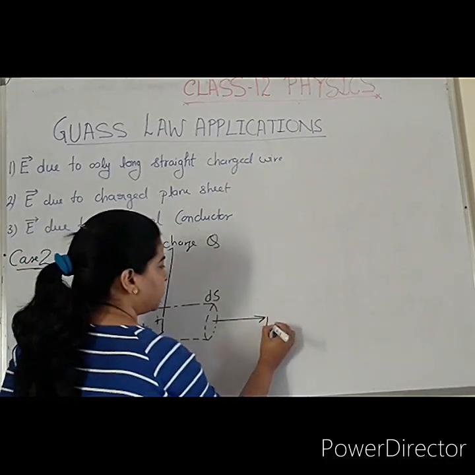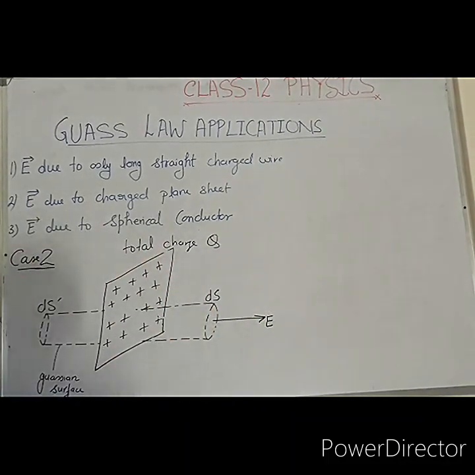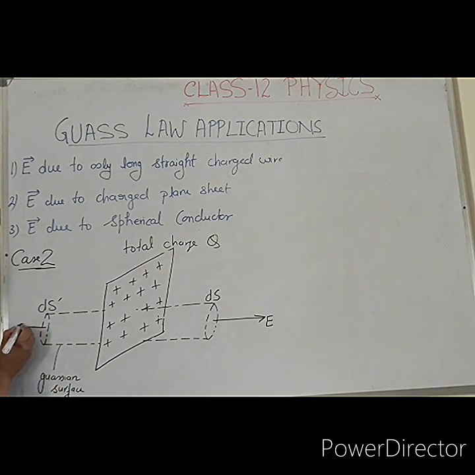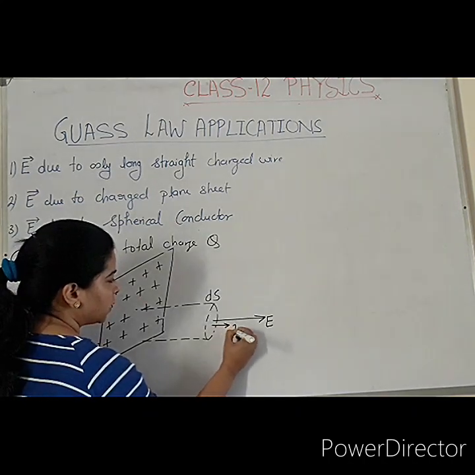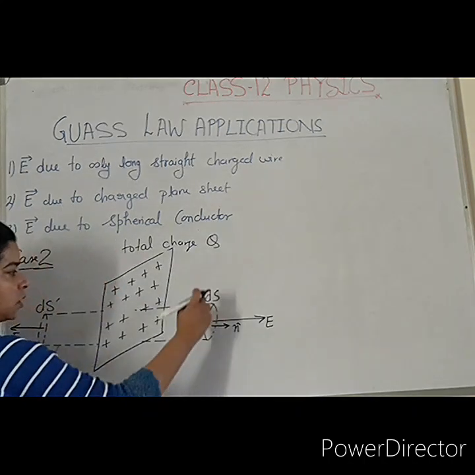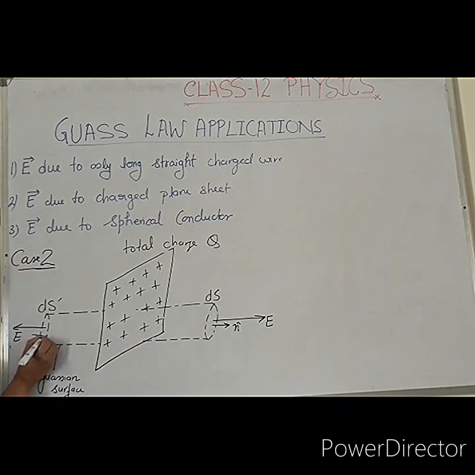This is the electric field due to the ds surface area, and the same electric field is towards the left side due to this ds dash surface. You can see the electric field here in this direction. Again, the normal area vector we will take for this surface towards the right side, and for this surface towards the left side.